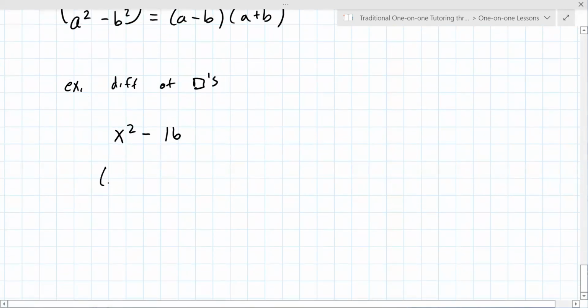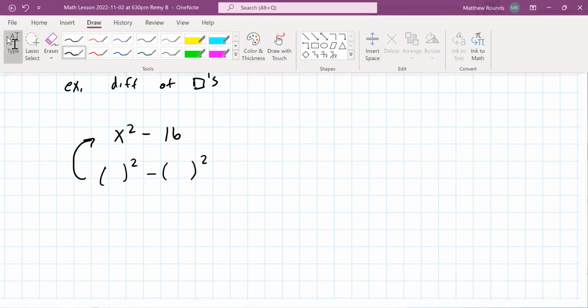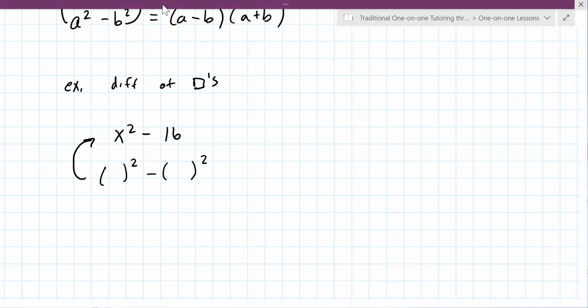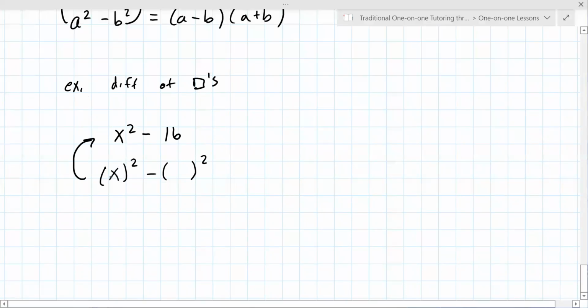What you have to do is figure out what you're squaring minus what you're squaring. Basically, what do you do to go back to the previous line? What do you square to get back to x squared? The answer is x, because when you square x, it becomes x squared.